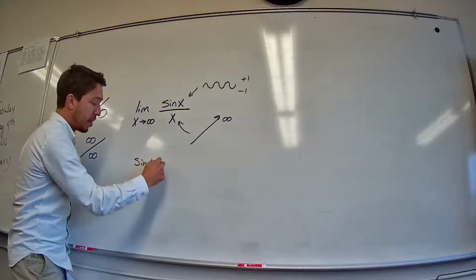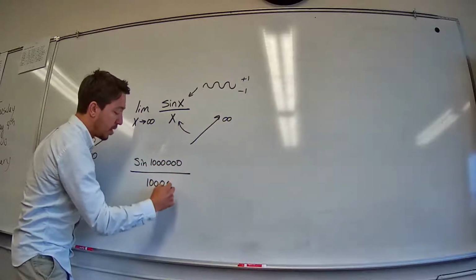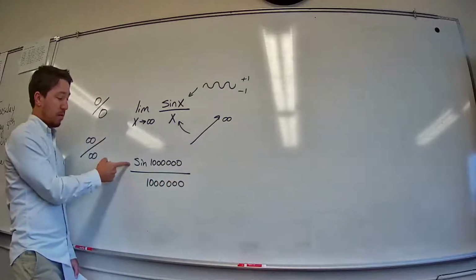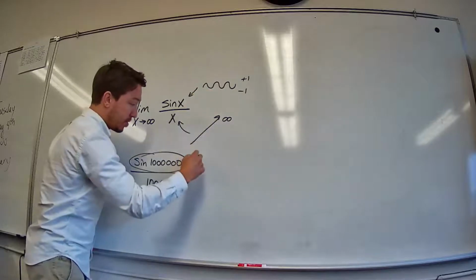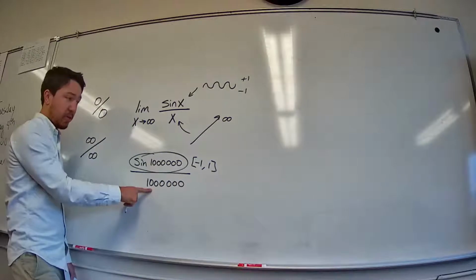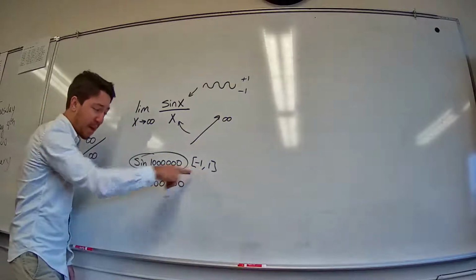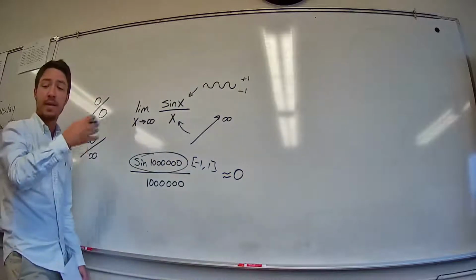The sine of a million divided by a million. I have no idea what the sine is, but I know it's something between -1 and 1, and this is a huge number. So some small number divided by a huge number is going to be pretty dang close to 0. Therefore, I reason that the limit is 0.